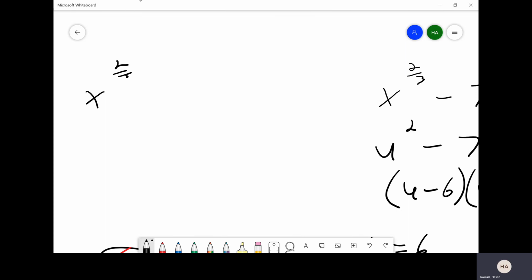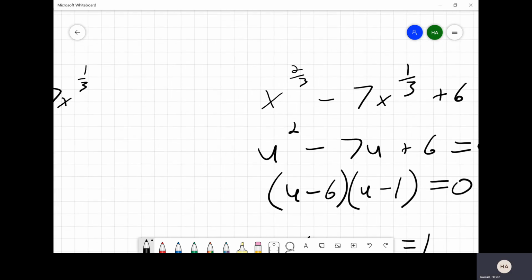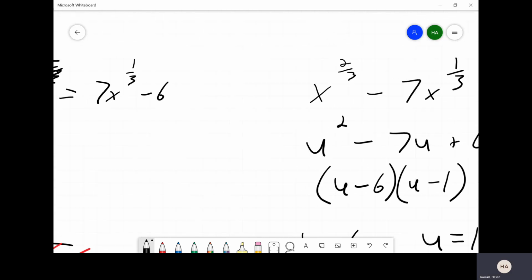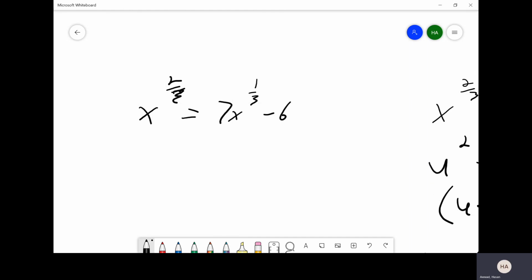But then if we did try to brute force it, we would have x to the 2/3. Sorry, that's a 3. I know it doesn't look like it. Is equal to 7x to the 1/3 minus 6. To brute force this, you would cube both sides. That would help you with the left-hand side, and you would end up with an x squared here.